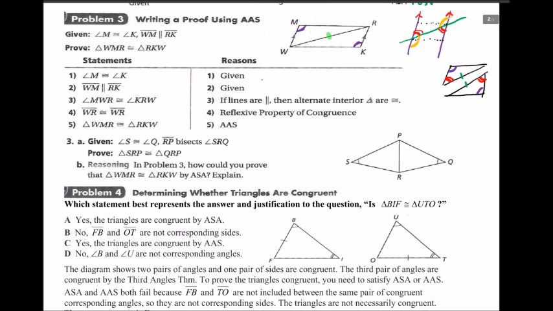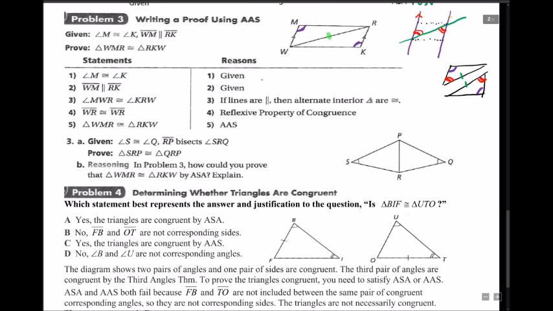But you have to be extremely careful that you are choosing the appropriate angle. So again, this is where redrawing and labeling comes in handy. So if you draw your parallel lines, draw your transversal, find the angles, right? We've got two sets of alternate interiors there, and then just do a light sketch in of your triangles and see which ones are actually part of the triangle. So let's look at our proof.